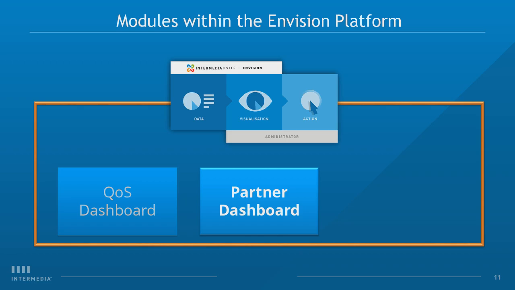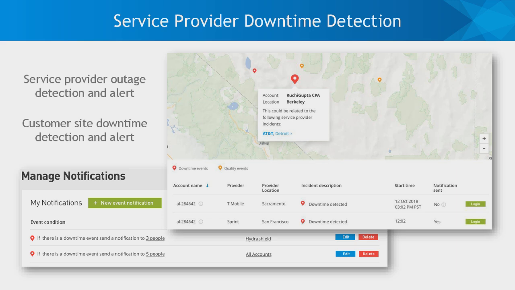The next thing that we introduced is specifically for partners relating to the QoS dashboard. With the partner level, you can actually view all of your accounts on a geographical map. If there's some sort of issue with any one of your accounts, it will show in a red or an orange pin, depending on whether there's some sort of downtime event or a quality event happening with or around your customer.